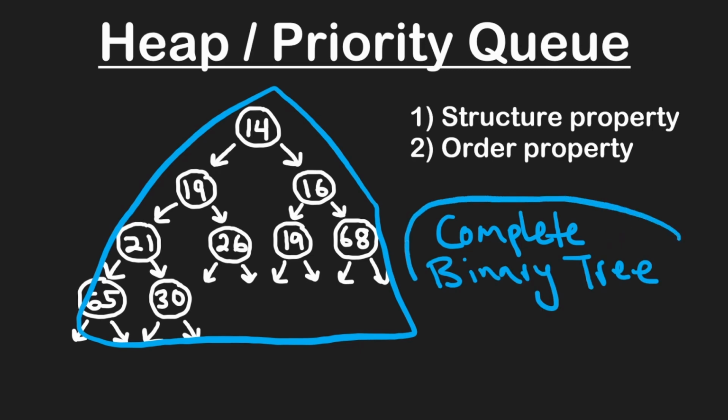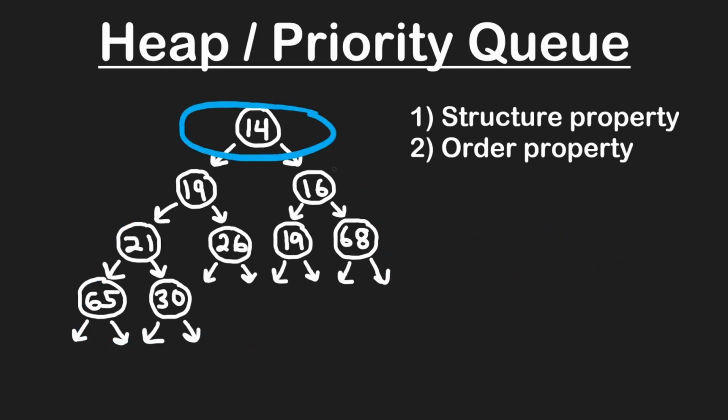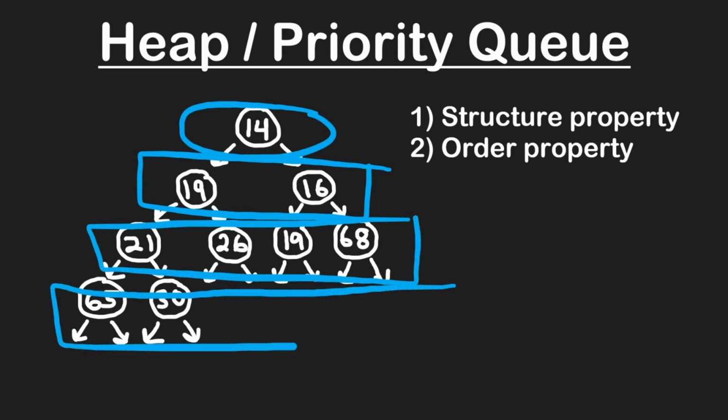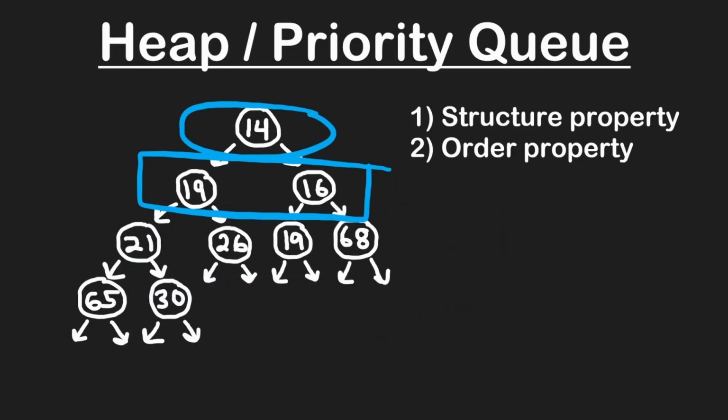A complete binary tree basically means we have a tree where every single level in the tree is going to be completely full. There's not going to be any holes anywhere except possibly the last level. The last level might have some holes, but every other level in the tree is not going to have holes.